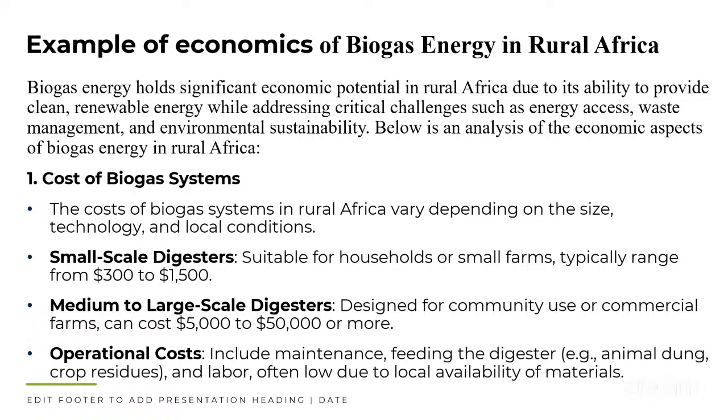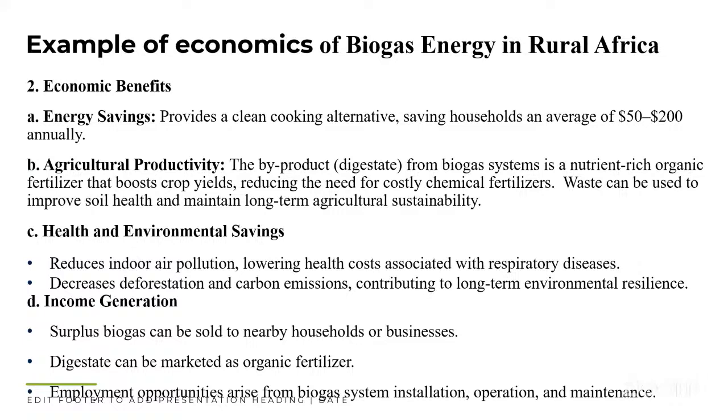if you include the operation cost, feeding the digester and paying the local labor, you don't spend basically too much money. So in terms of economic benefit, of course, we provide a relatively clean cooking alternative compared to the cooking stove.